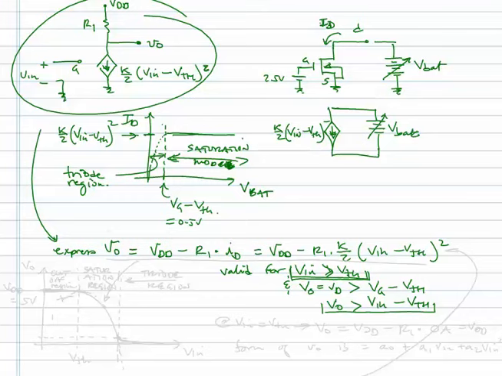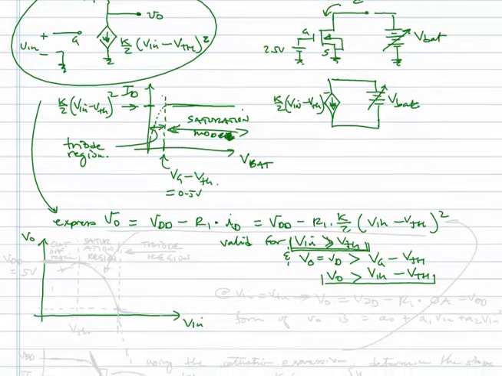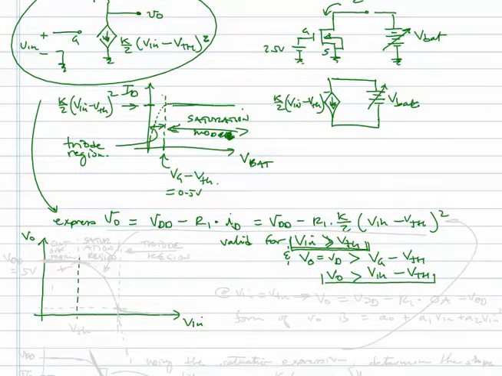All right, so now let's plot this. What does this look like? If we put Vin on the horizontal and Vo on the vertical, let me put a vertical line here at V threshold. Since this equation is valid only for Vin greater than or equal to V threshold, let's evaluate it right at V threshold.